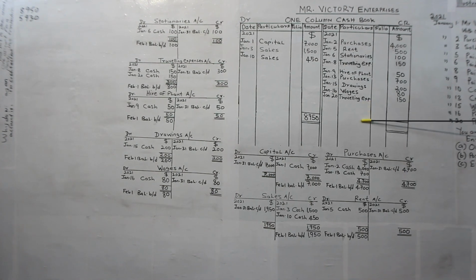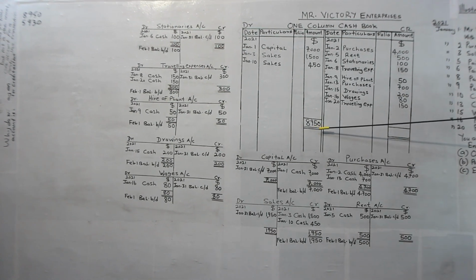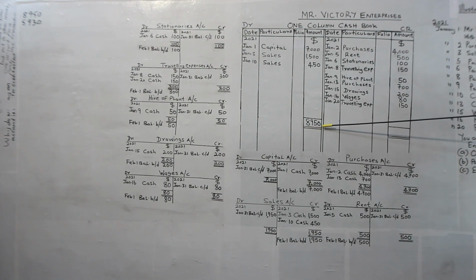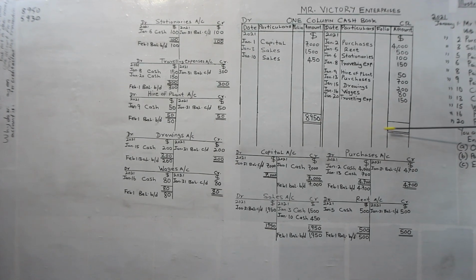Now, once we give the appropriate gap and close the account with a double line, the same line goes here, the same measurement. What determines the figure that will be inside these boxes is the side that has the greater figure.